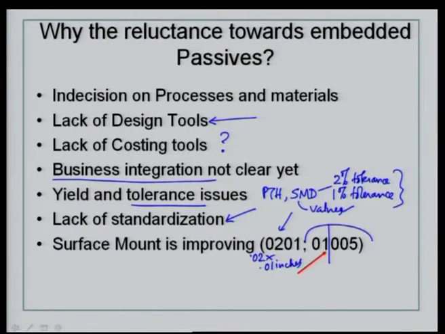So, equipment is available to utilize these very small footprint passive devices. So, why the need to go to embedded if you can still manage with these kinds of small devices? That is the major question that designers and assembly services are thinking about.